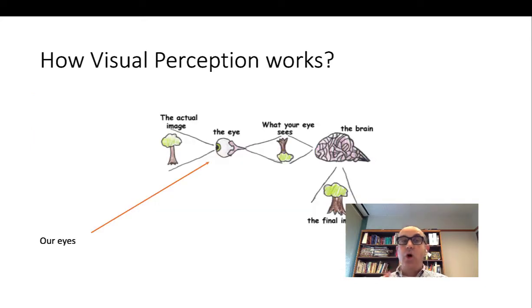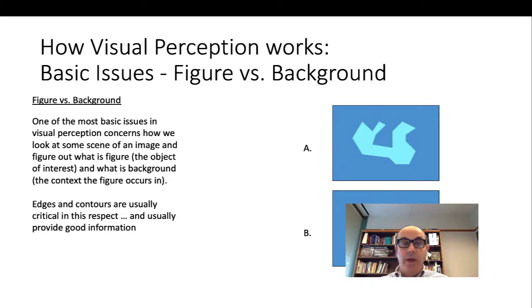So how the visual works, we have our eyes, but what the eyes see is in the brain, and the brain usually has memories of the past that we always use to make up what the actual image might look like. So the brain gives us feedback.